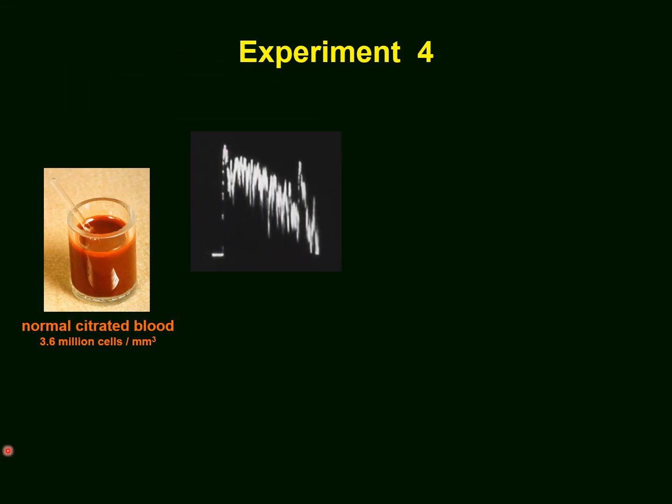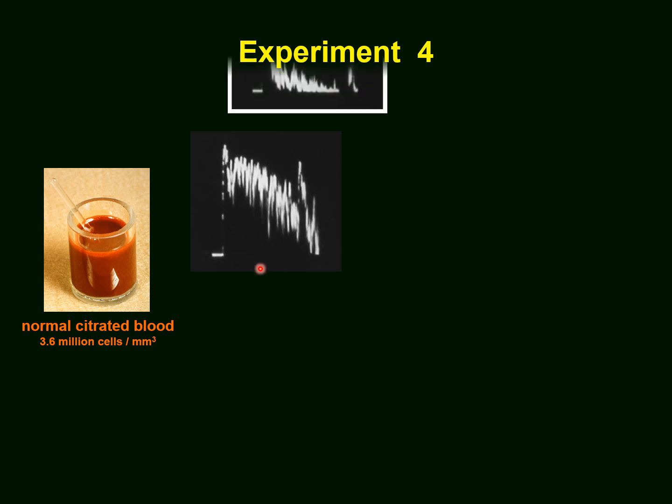In the fourth experiment, we recorded the echograms from normal saturated blood, 3.6 million cells per cubic millimeter, that's the tissue model, and obtained this echogram.